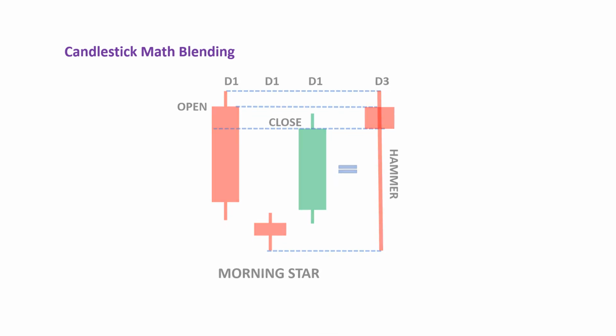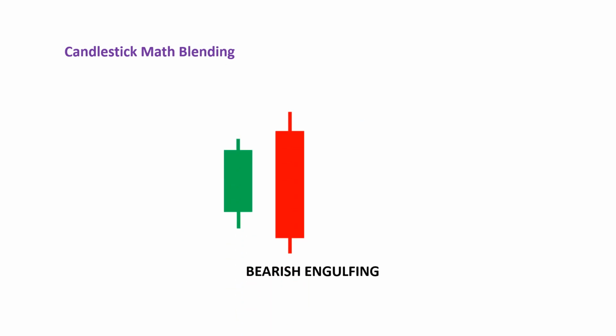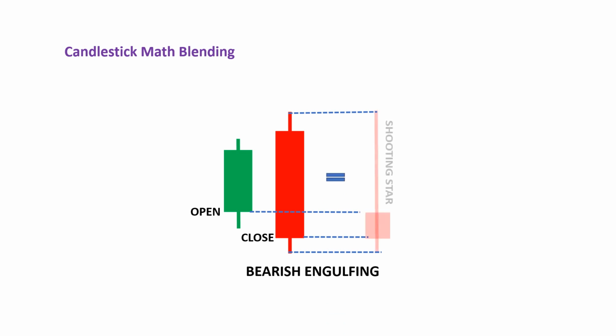Let's blend the bearish engulfing. You take the open of the first candle, you take the close of the last candle, then you take the portion between open and close, and then you take the high and the low of the pattern. The equivalent is nothing but a strong shooting star with a 2 days time frame.